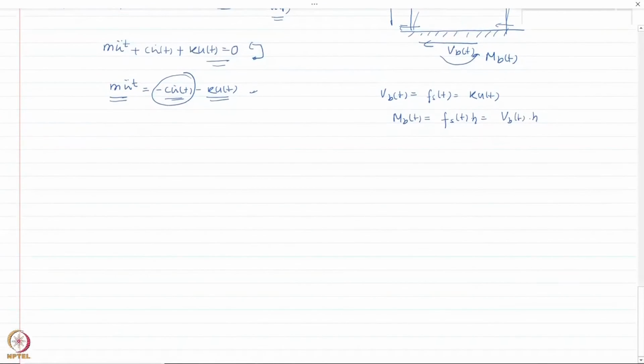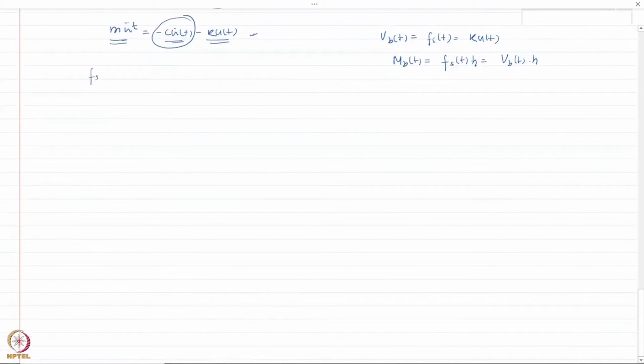Let me write this equation for the base shear and moment again. Subject to equivalent static force of k u of t, my base shear is the same as f_s, which is equal to k u of t.